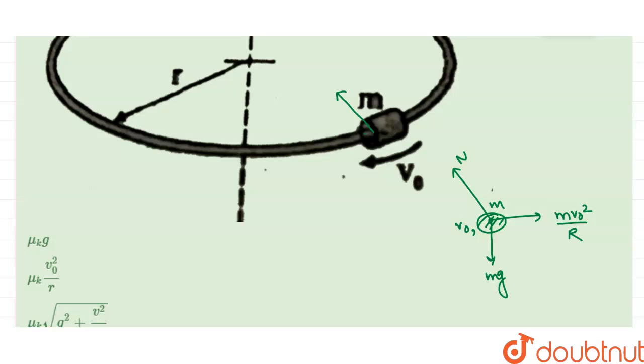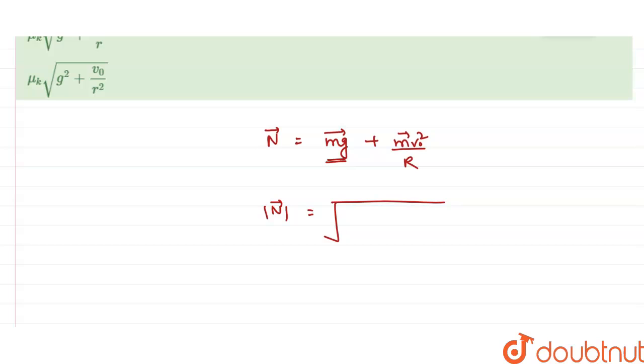So the resultant of these two vectors can be written as the square root of (mg) square plus (mv square upon r) square.